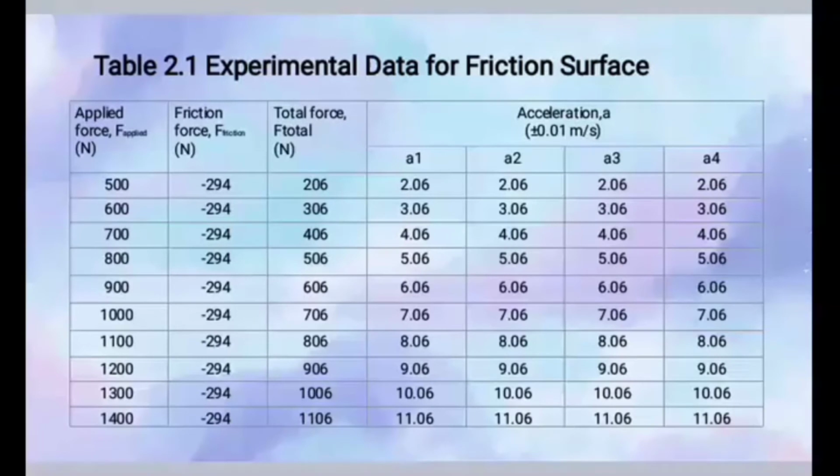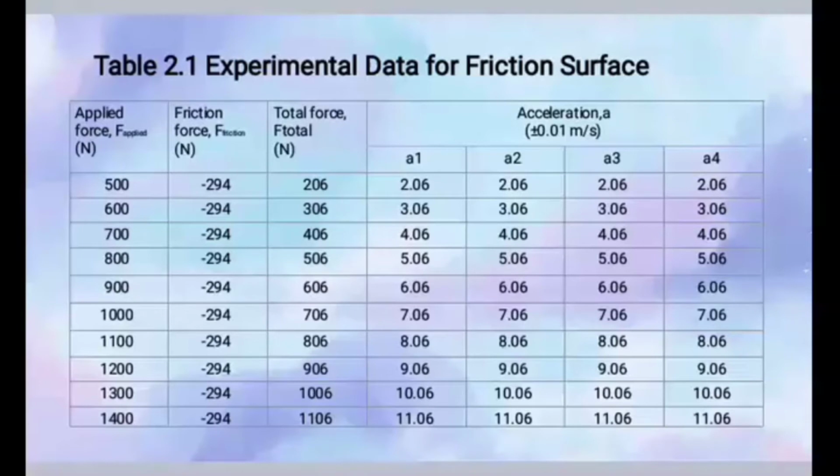In table 2.1, experimental data for friction surface, the applied force that we use to begin this experiment is 500 Newton. The friction force that we apply in this experiment is -294.